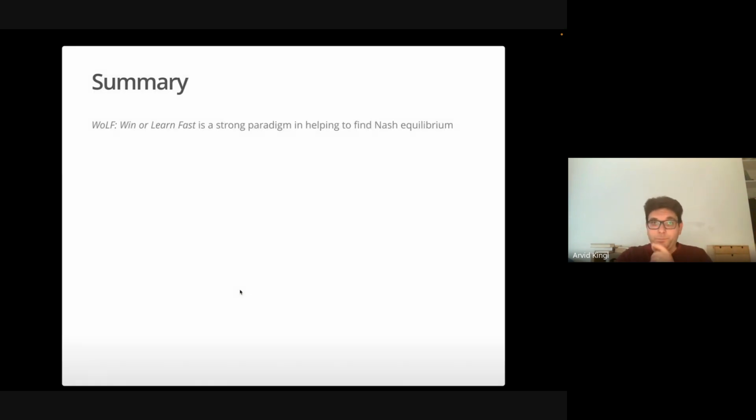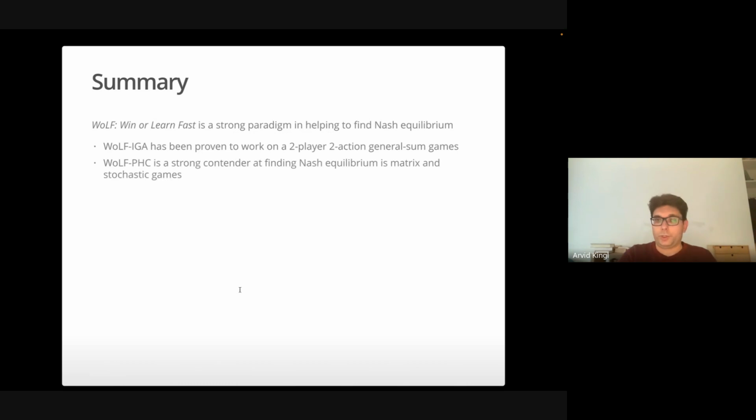So to summarize, a gradient solution in the state space of stochastic games, where you vary your learning rates based on whether you're winning or losing, can help in stabilizing your algorithms and finding Nash equilibria. And it has been proven for a two-player, two-action game mathematically.